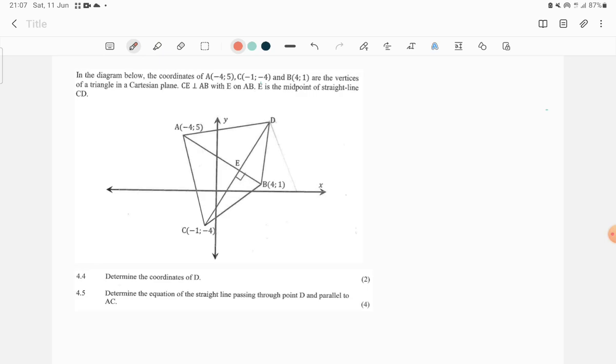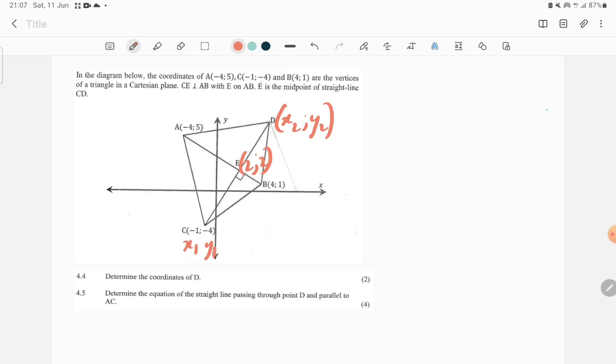The next question requires us to determine the coordinates of D. Remember that the coordinates of E are already found by us, so now we have to use this information to calculate x2 and y2, if this one is x1 and y1.